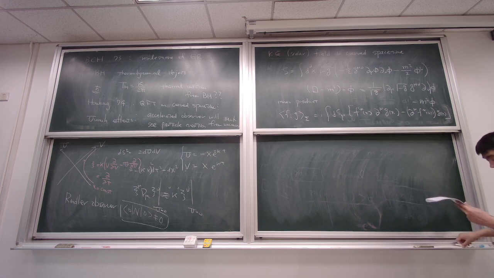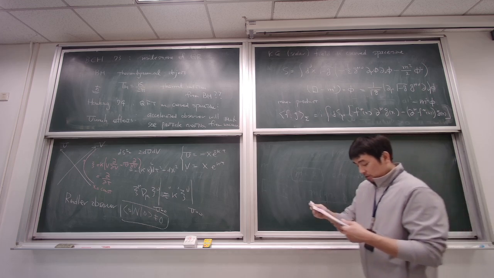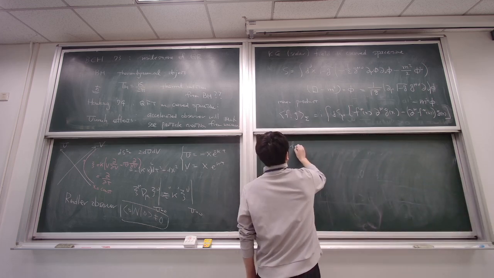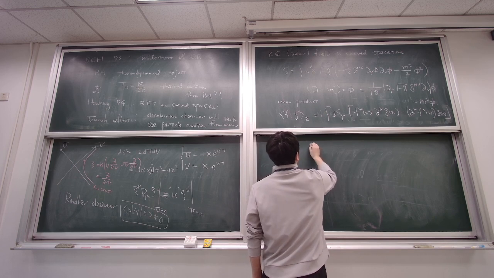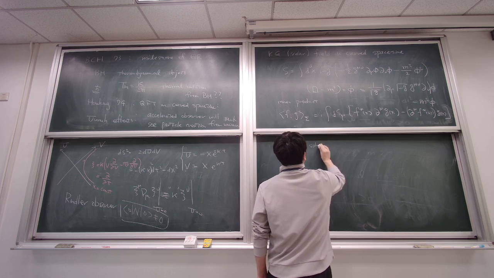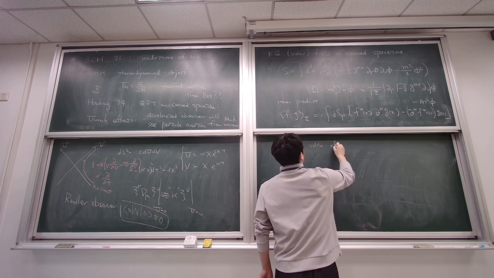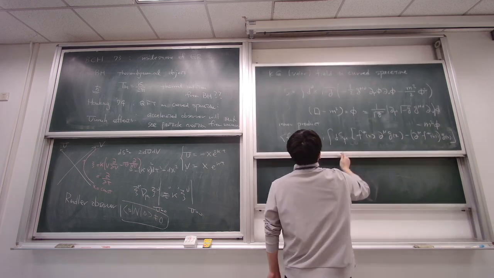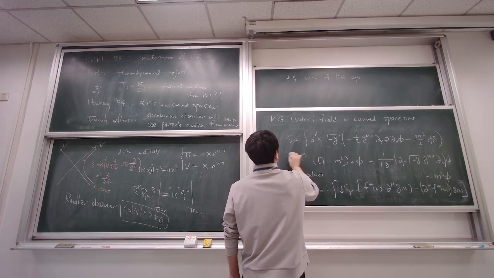So then, here f and g can be understood as solutions of the Klein-Gordon equation.